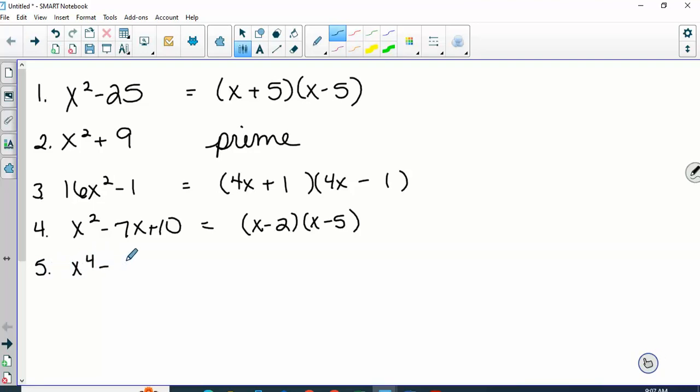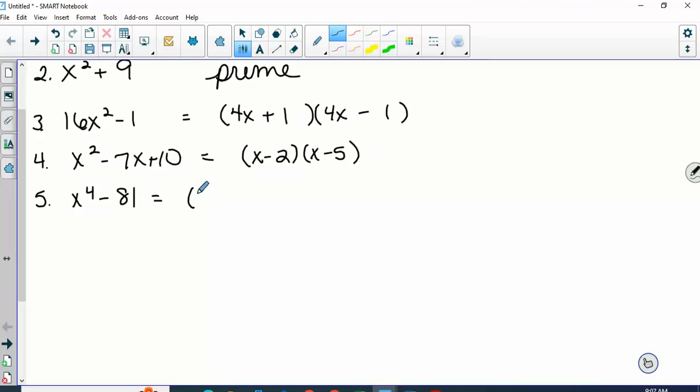Number 5. How did you factor this one? It goes into x squared minus 9 times x squared plus 9. Okay, so difference of squares. But we always have to make sure it's factored completely.